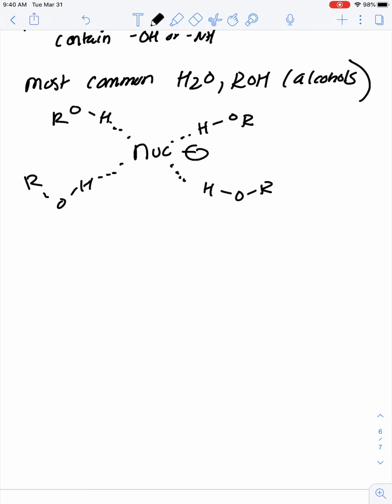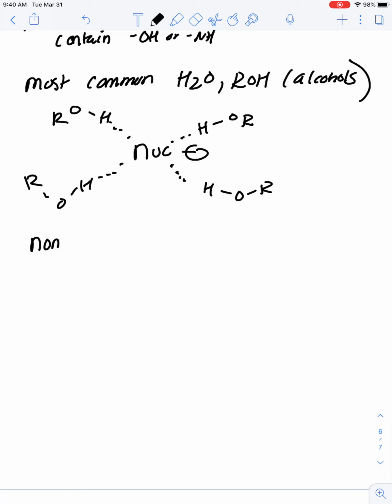If we want to react the nucleophile, we have to desolvate it, or remove the solvent. This is going to require a lot of energy and increase the activation energy, which would then make the rate slower. So again, this is why polar protic solvents will not work for SN2 reactions.